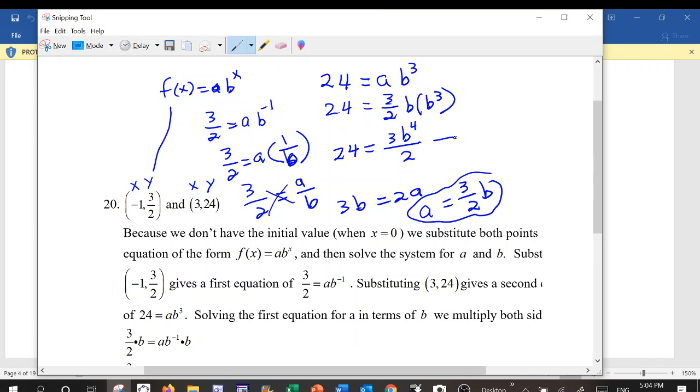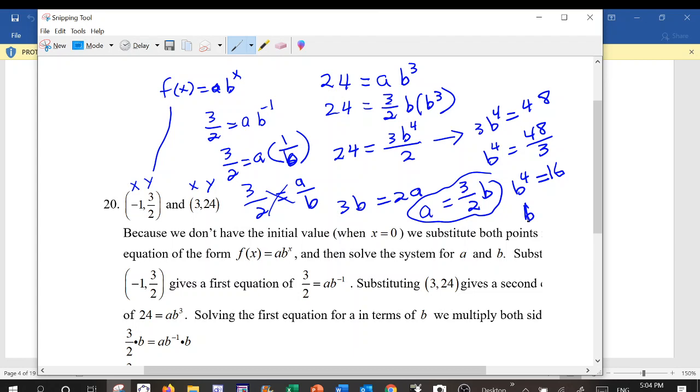That means 3b to the fourth equals 48, and b to the fourth equals 48 divided by 3. What's 48 divided by 3? It's 16. So b to the fourth equals 16.